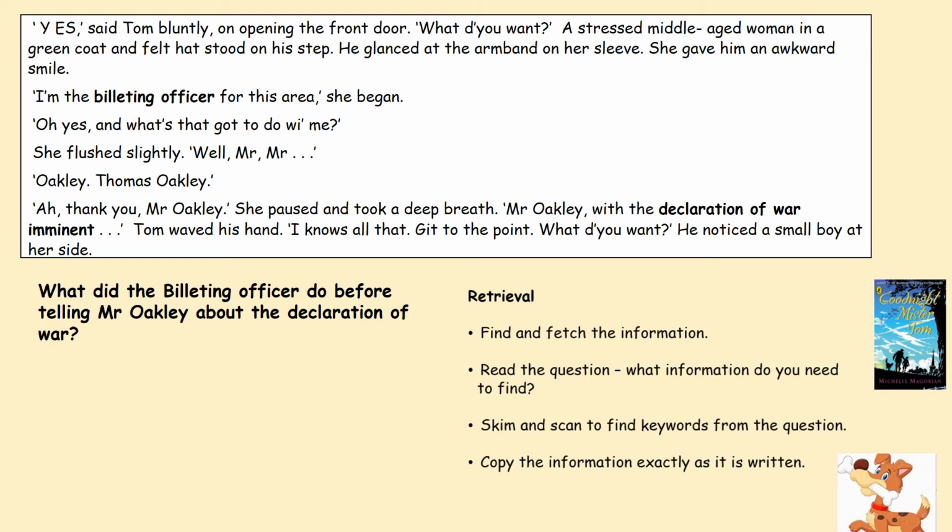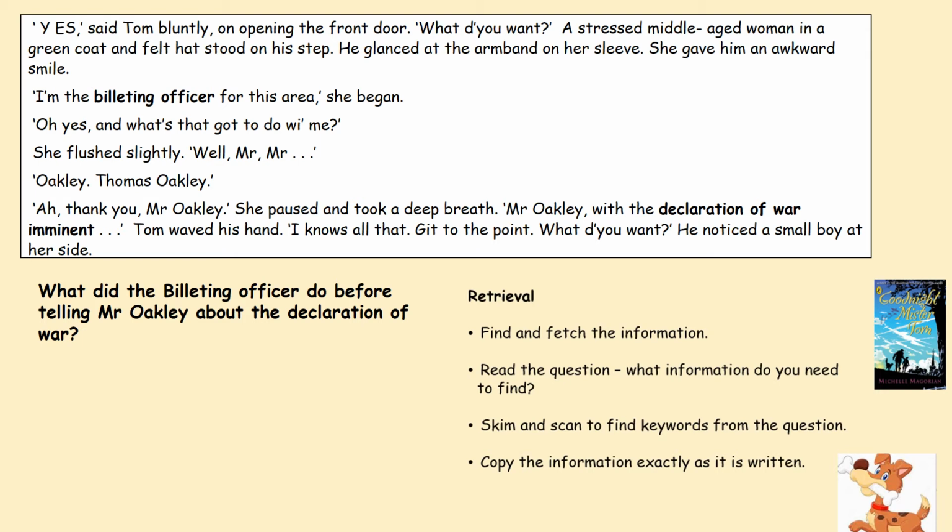Now this part suggests that Tom is quite a bad-tempered, grumpy, cranky individual because of the way he was so very rude towards the lady upon opening the door. It also suggests that her job as the billeting officer is very difficult, as maybe not everyone wanted to take in a refugee, which would have made her a very unpopular visitor.